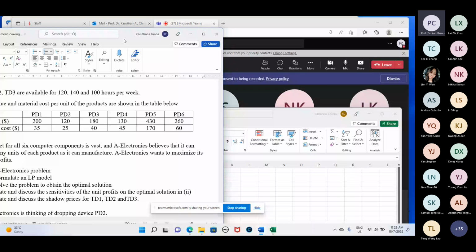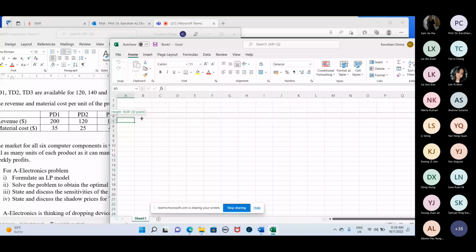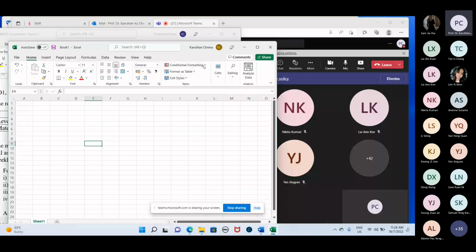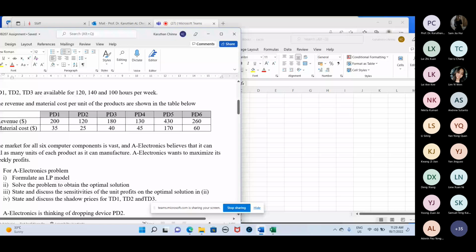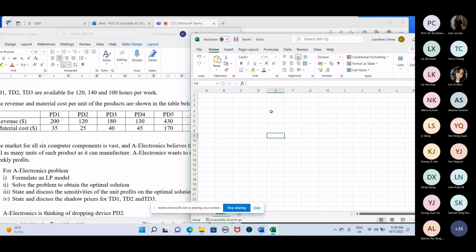I'm not going to the formulation. How many products are there? 6 products. Okay, these are 6 products.